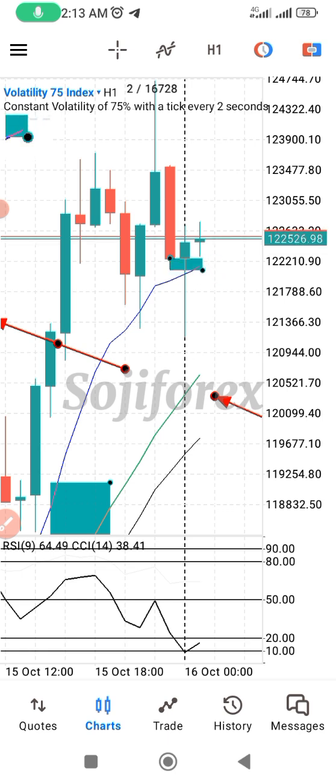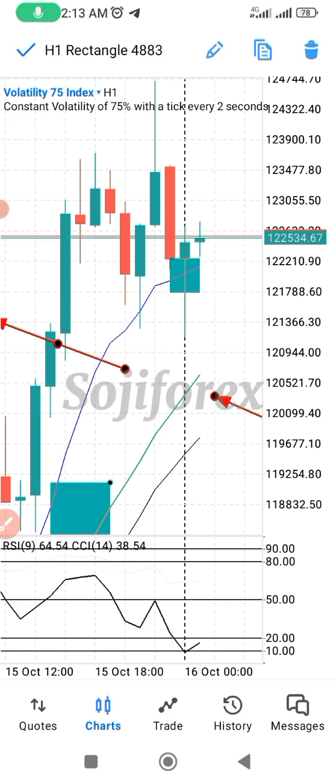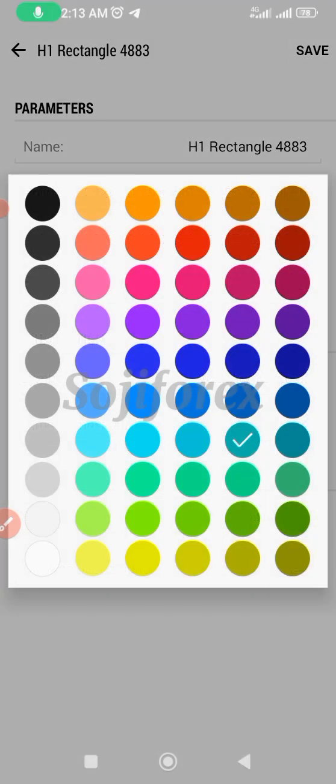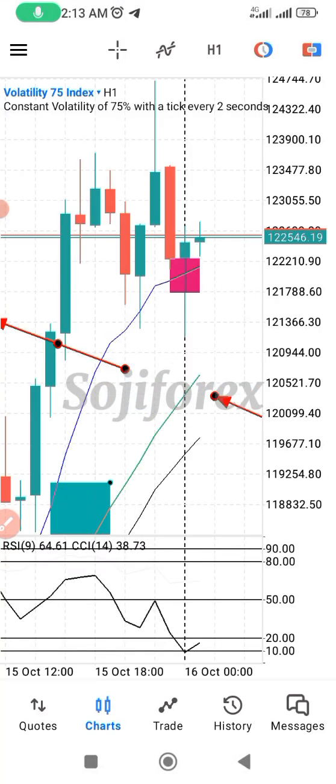Then sellers entered the market and pushed the price all the way down. So at the time, this candlestick was bearish in color.